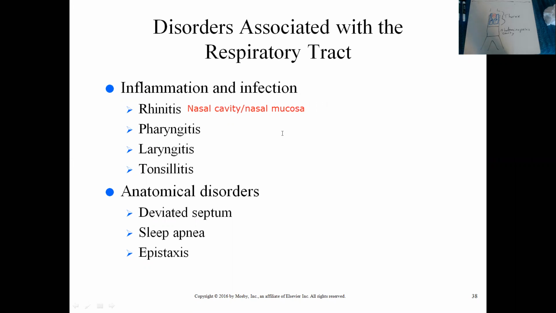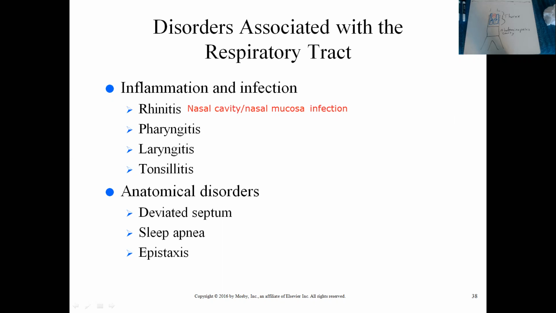That's what that R-H-I-N means. Rhin means nose. Like a rhinoceros, that means nose horn. Ceros, horn, rhino is nose. Pharyngitis, I should put here infection.